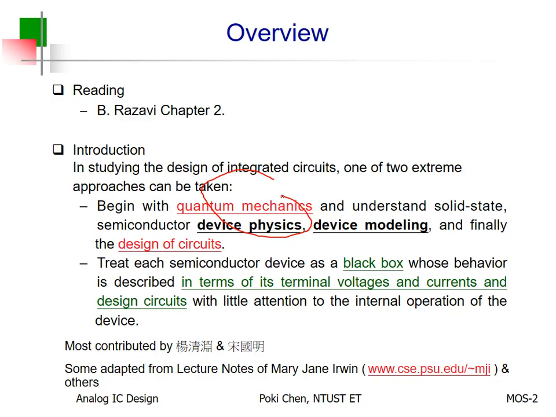Usually it doesn't make any sense because the time is too long, and usually after that, most of the students are still confused about what's going on, because solid-state and quantum physics is too hard for most engineers. A lot of theorems, a lot of theories we need to understand. So if we require that all analog IC designers study solid-state physics first, then forget about it.